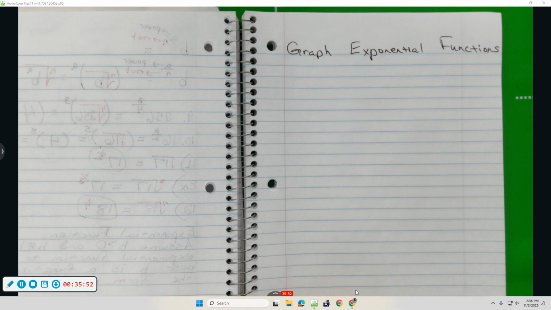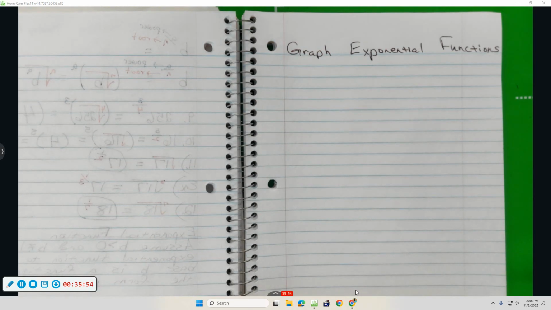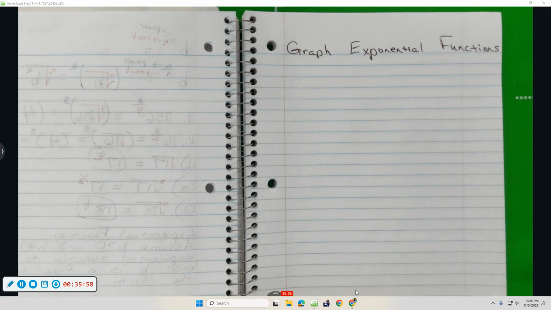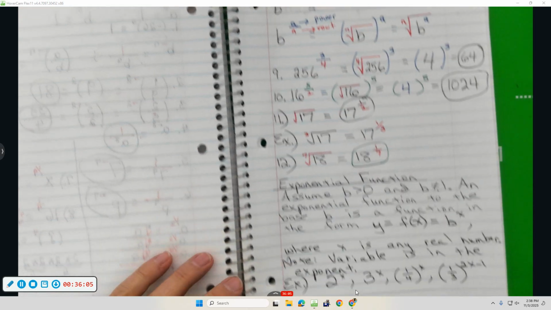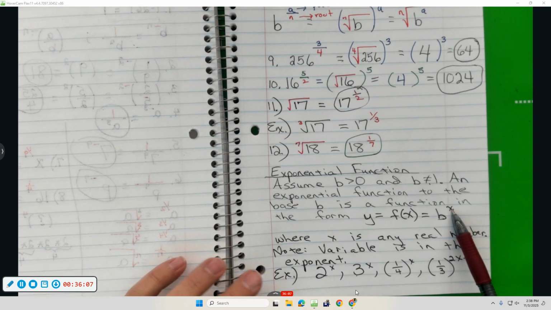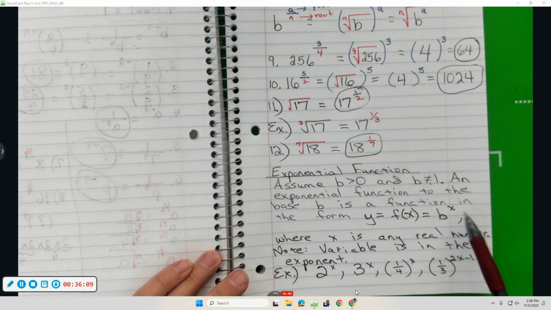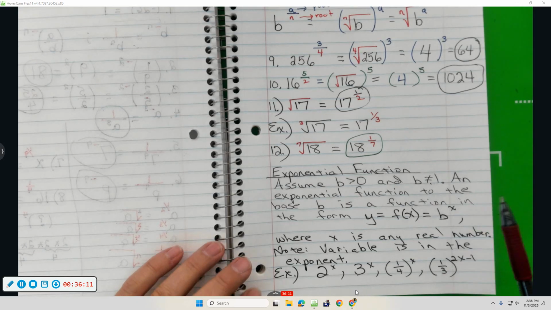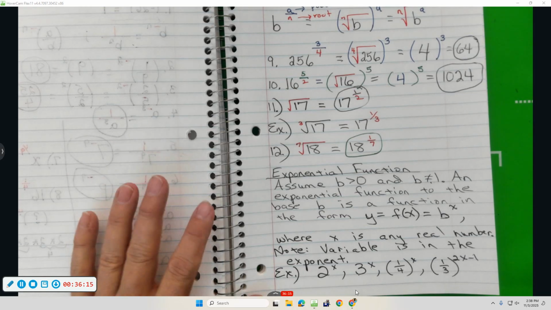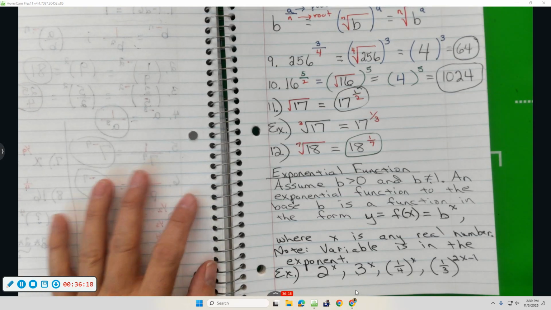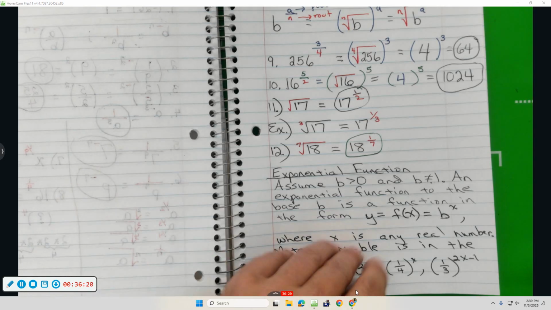To graph exponential functions, we're going to do it the old-fashioned way. We're just going to make a table of values and plot points. We're going to generate ordered pairs. Remember, I said that the domain of an exponential function is any real number. So you can plug in anything you want for x. But my advice, don't get too creative. I wouldn't go any further than, say, 2 to negative 2 using the integers.